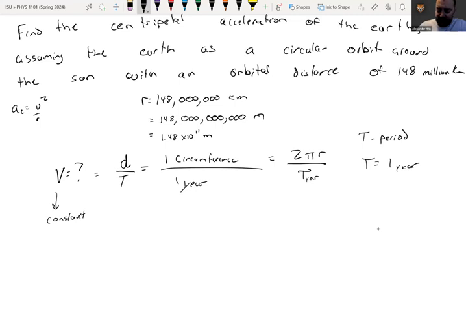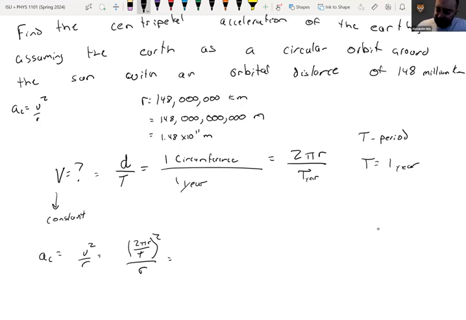But before I go into these numbers, I would probably do some analysis first. So I'd say the centripetal acceleration is equal to v squared over r. Well, that would be 2 pi r over T, squared, over r.